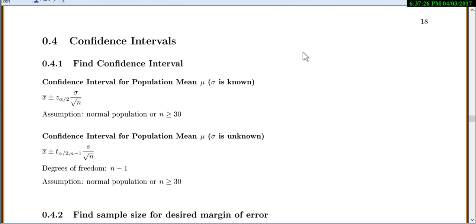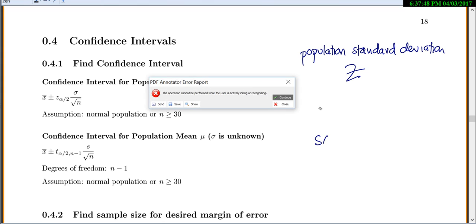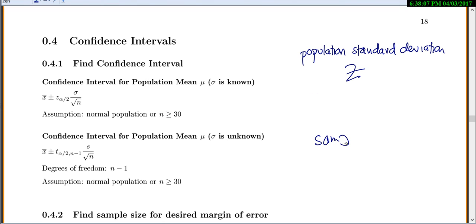If you know the population standard deviation, use Z. If you know your sample standard deviation, you'll use T.